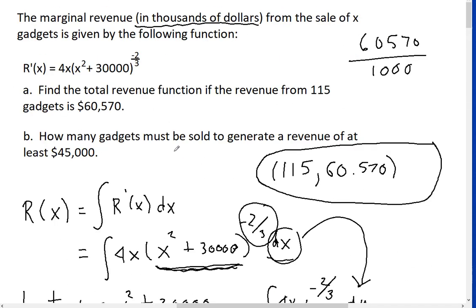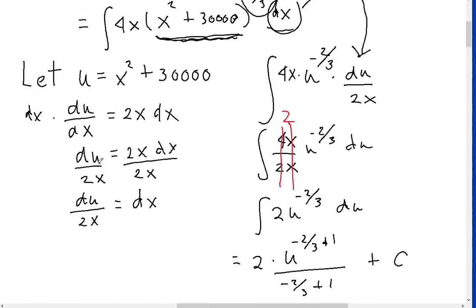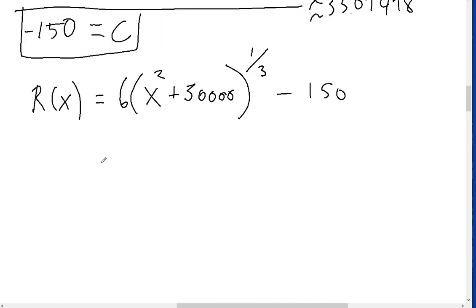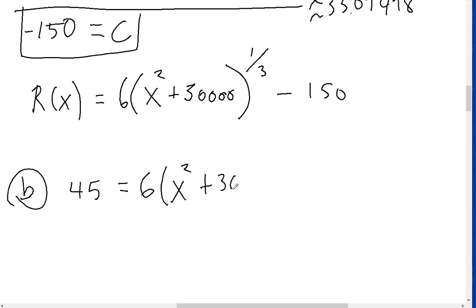Now let's look at part B. How many gadgets, that means X is unknown, to generate a revenue of 45,000. So we're going to have to put in 45, once again we've divided that, that means 45,000 in this equation, equals 6 times X squared plus 30,000 to the 1/3 minus 150.